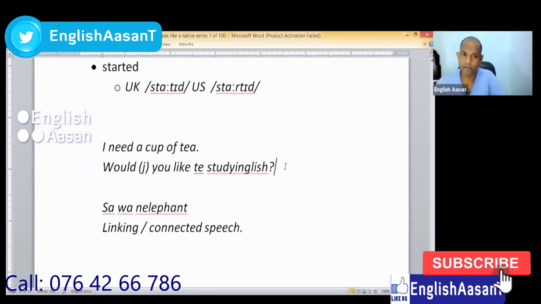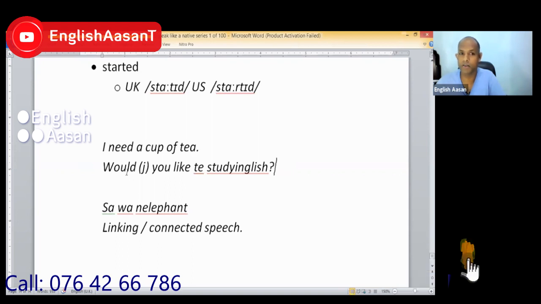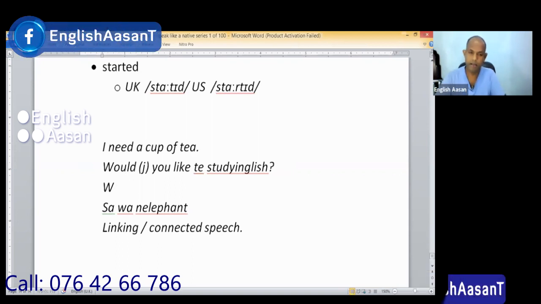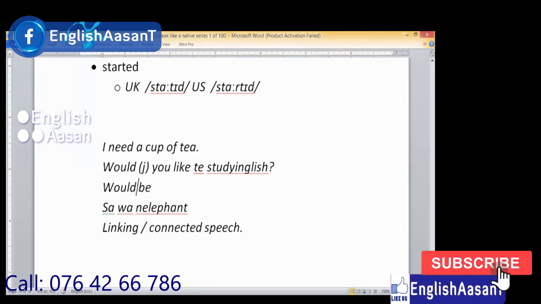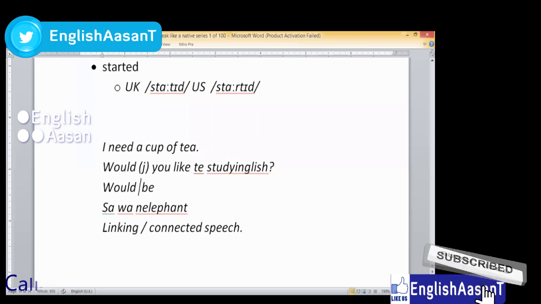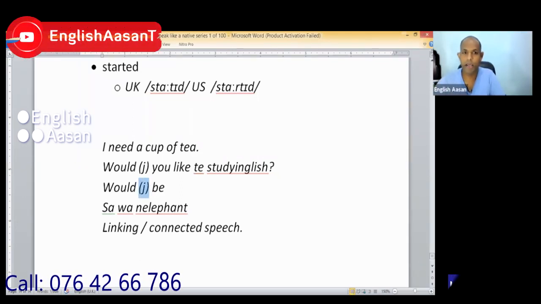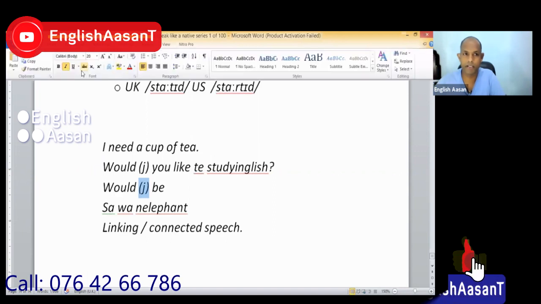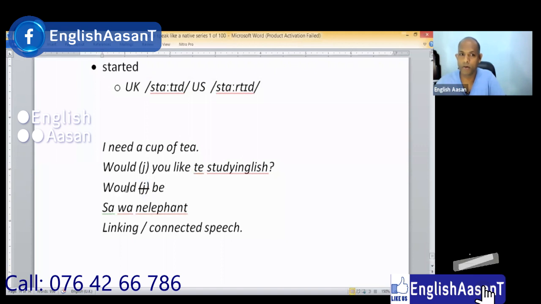If you want to say would be, there cannot be J here. It's incorrect. Okay, so D and B cannot be connected. That's would be.